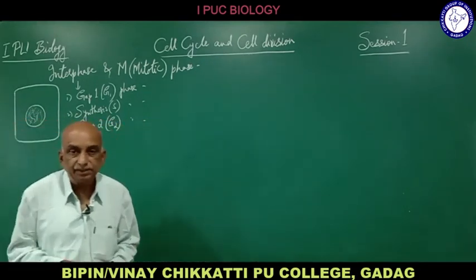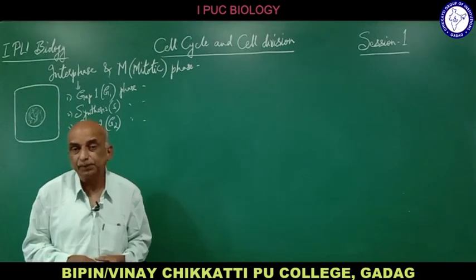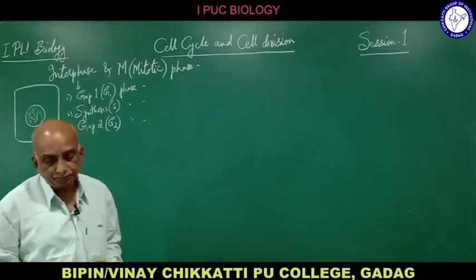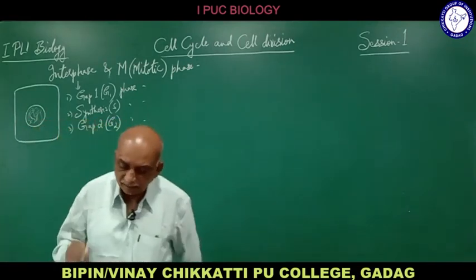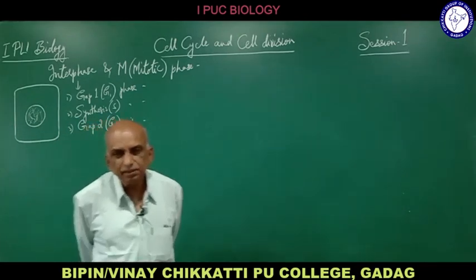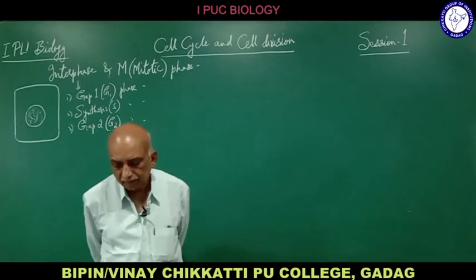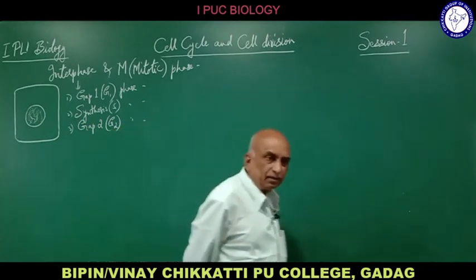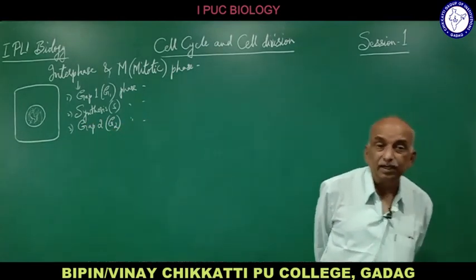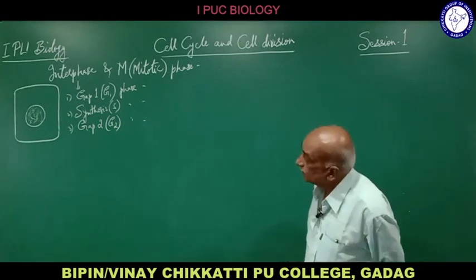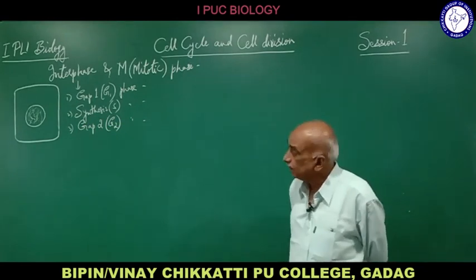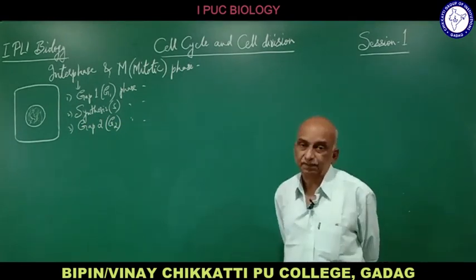Now in the G2 phase or gap 2 phase, what happens? There again some repetition of the events takes place. The synthesis of RNA and proteins had occurred in the G1 phase, and again it will continue in the G2 phase.